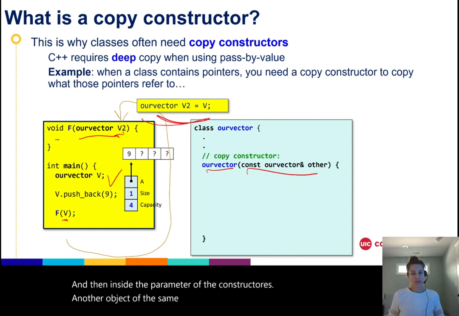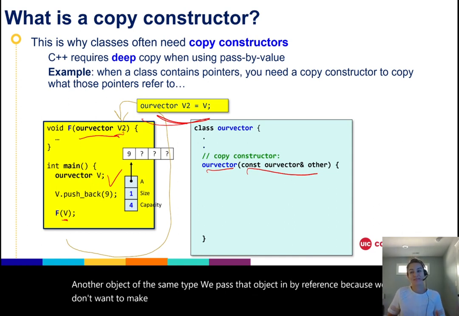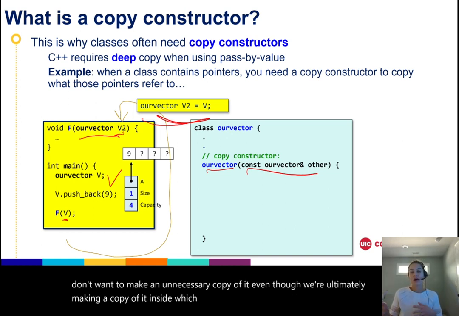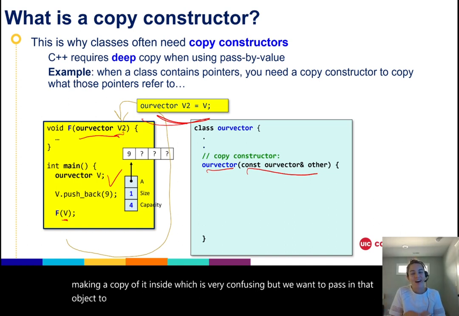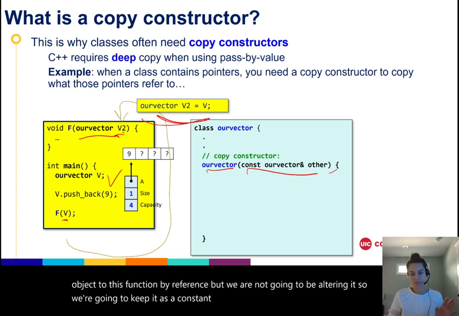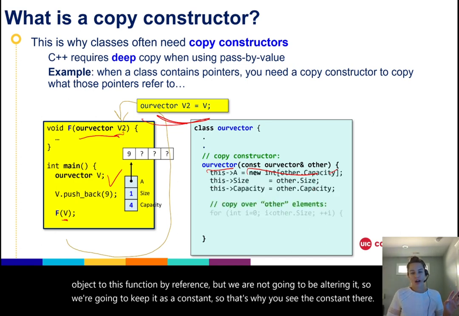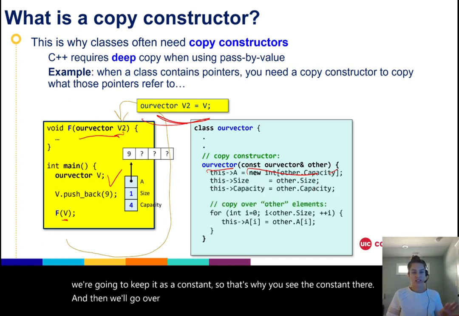We pass that object in by reference because we don't want to make an unnecessary copy of it, even though we're ultimately making a copy of it inside, which is very confusing. We want to pass in that object to this function by reference, but we are not going to be altering it, so we're going to keep it as a constant. So that's why you see the const there. And then we'll go over this code on the next slide.